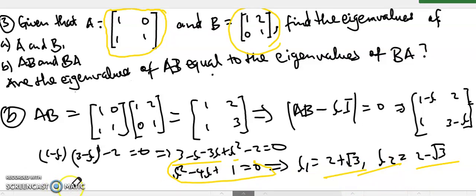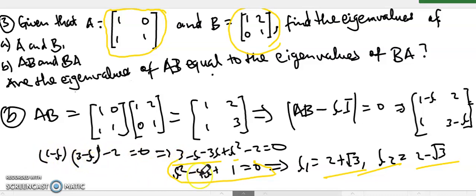So now let us proceed to see what will be the value for BA. Observe that here what we did, we simply open up this, and we know that 1 times 3 is 3. 1 times lambda, we simply get negative lambda.